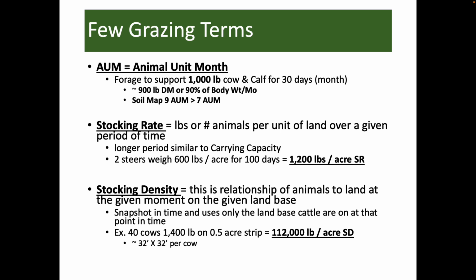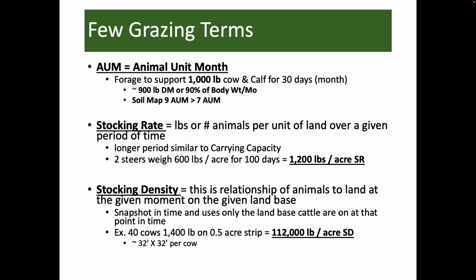If we're thinking about a 3-month window, that's going to be a stocking rate, because it's a decent period of time but not the entire grazing season. The longer period is usually used when we start thinking about, I just bought a farm, how many animals can I run on it? Then we're looking at that carrying capacity, because we want to know that whole year cycle.